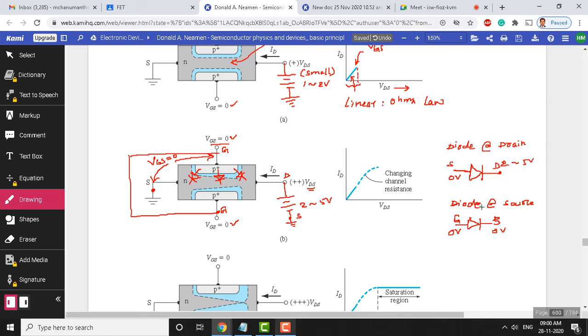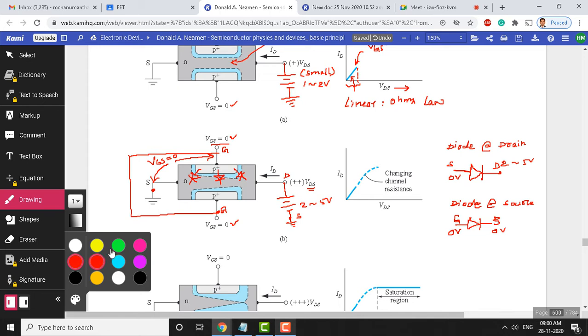Now you can see among these two, the one at drain is more reverse biased. Here we have 2 to 5 volts, so this is reverse biased, and what you can see is a larger depletion region because it is more reverse biased.